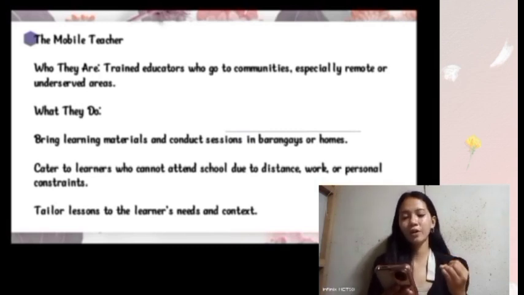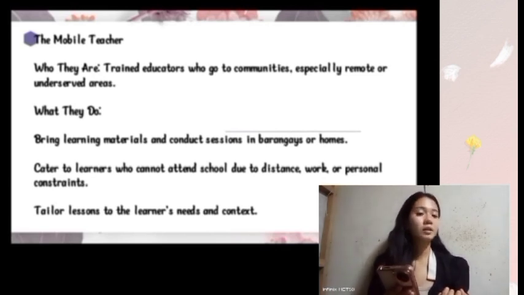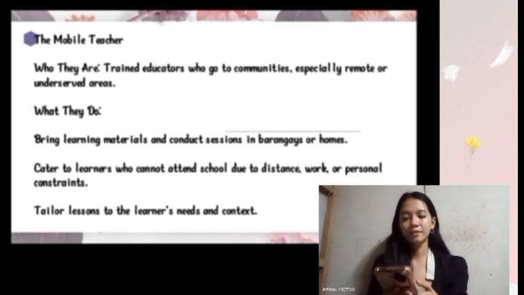They cater to learners who cannot attend school due to distance, work, and personal constraints. So this is the tailoring of lessons to learners' needs.